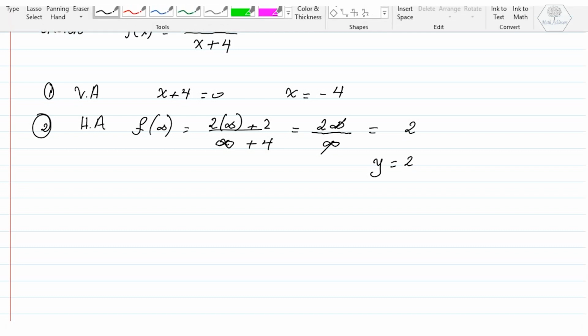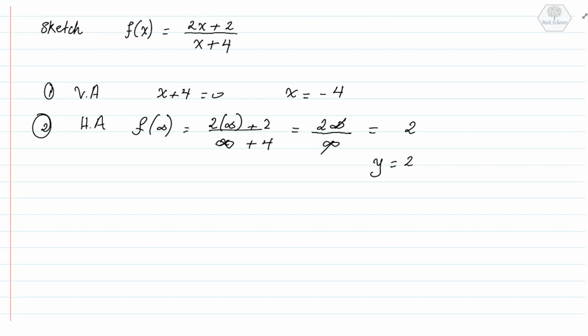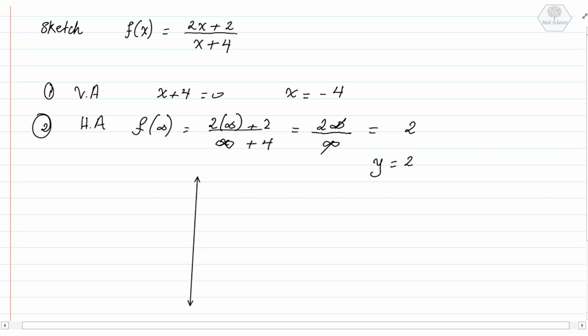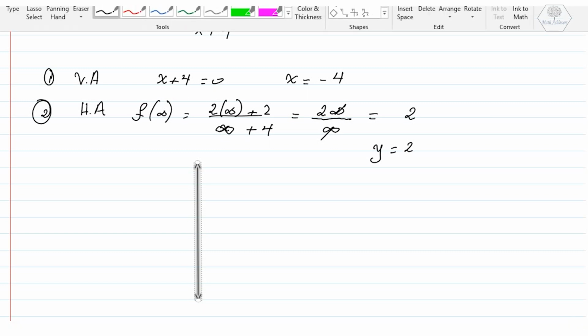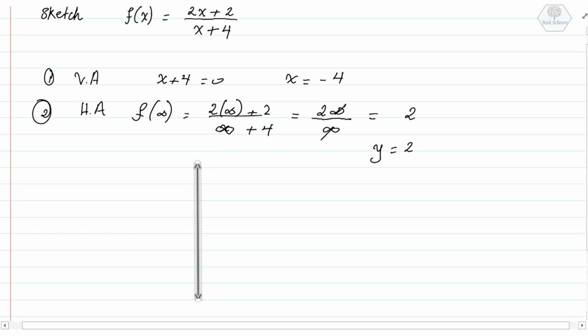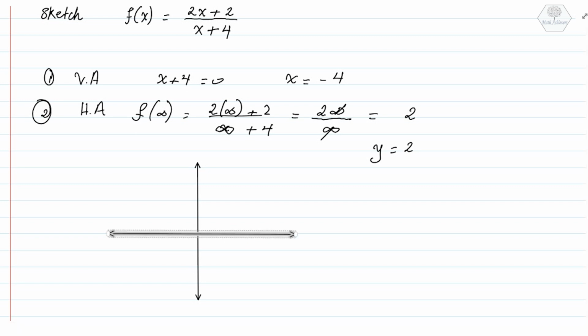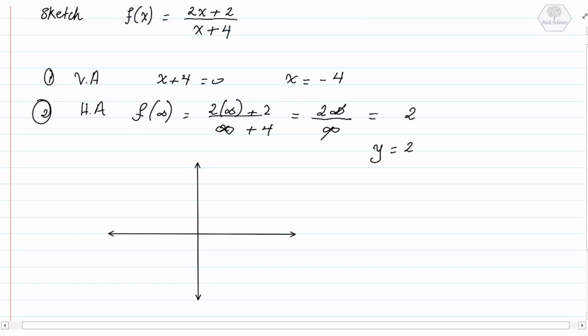So if I want to draw my graph, this is my vertical axis, and let's draw a horizontal axis. I note that I have a vertical asymptote at x equals minus 4.